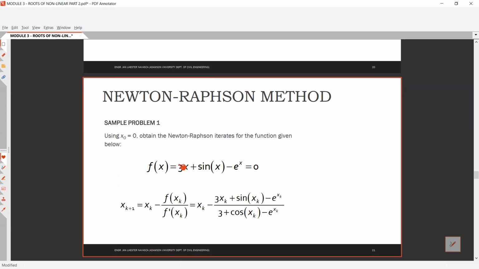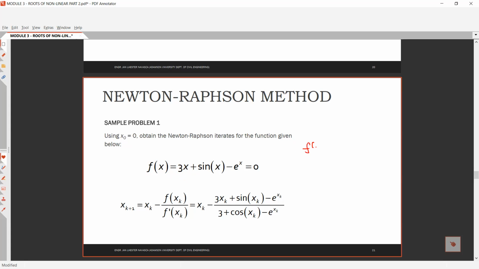Okay. So using this Newton-Raphson method, using x sub 0 equals 0, obtain the Newton-Raphson iterates ng function given below. So ang function natin is 3x plus sine x minus e raised to x equals 0. Alam ko marunong pa kayo mag-derivative.